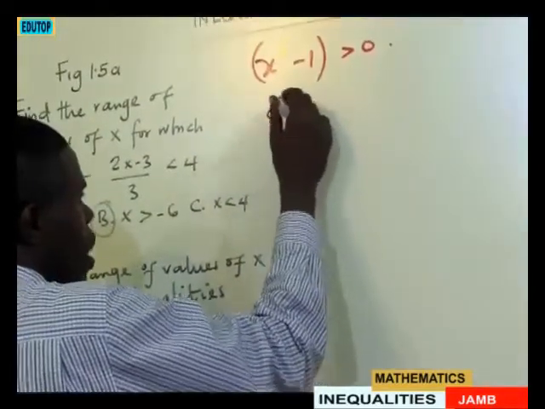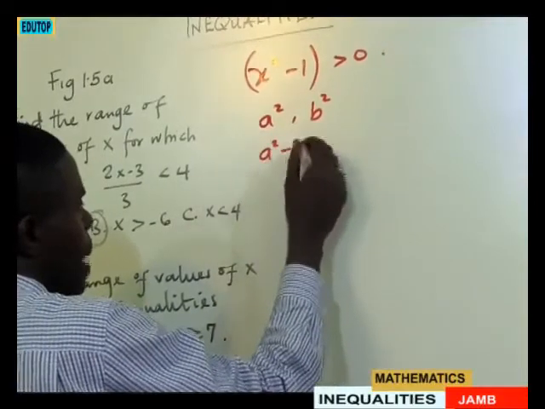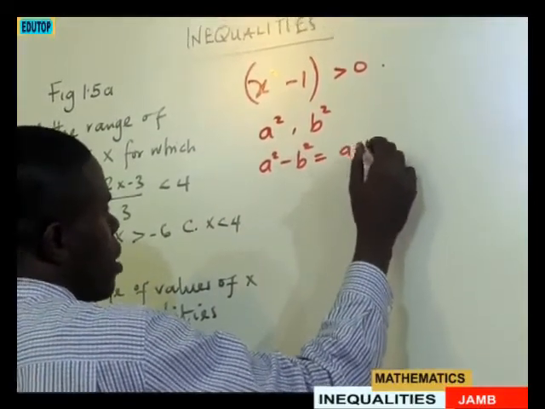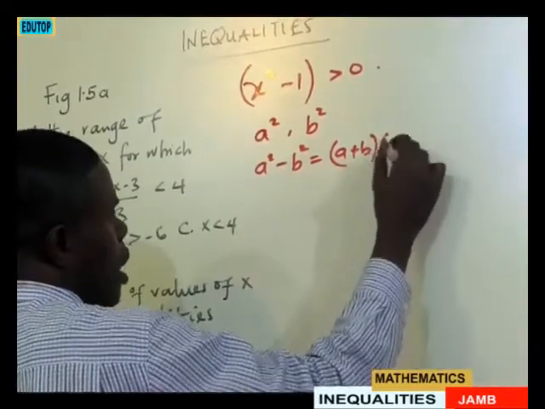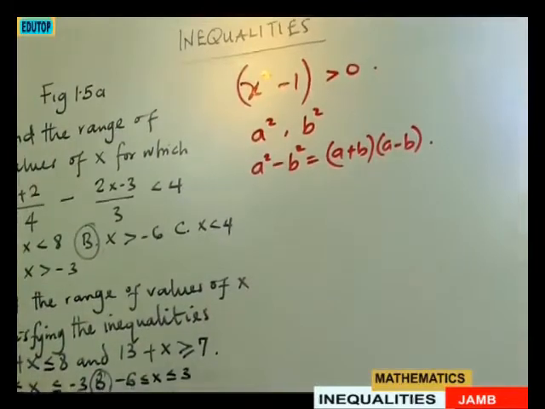You have a squared and you also have b squared. Then their difference, a squared minus b squared, states that it equals (a plus b)(a minus b). So that is what the concept of difference of two squares is talking about.